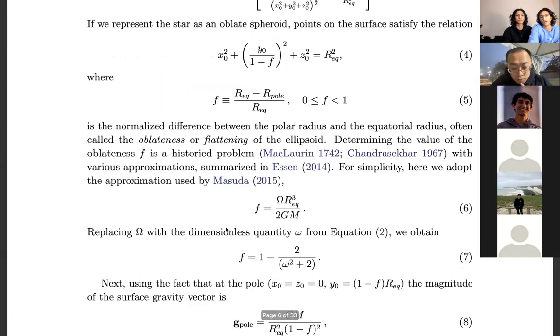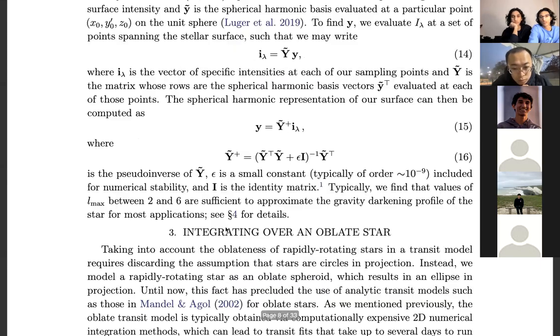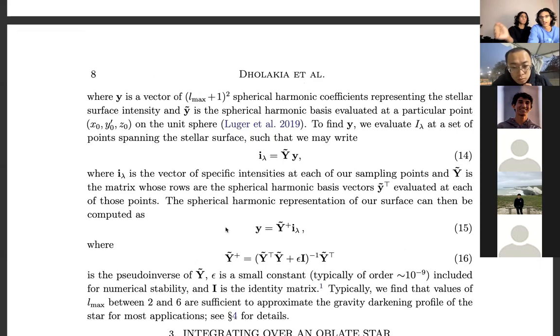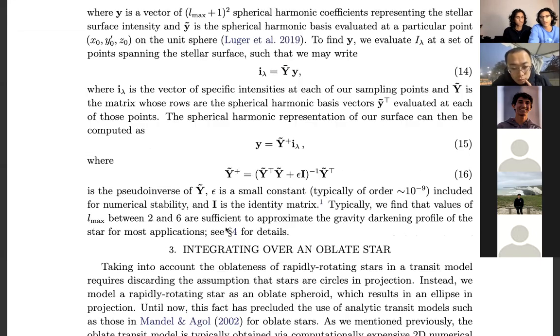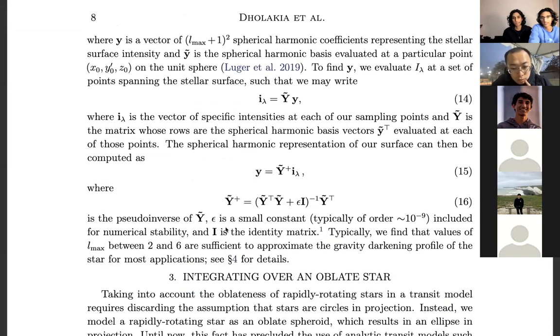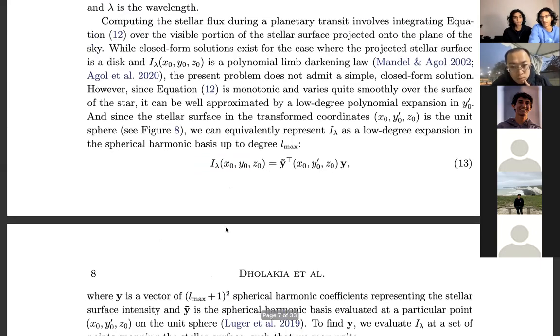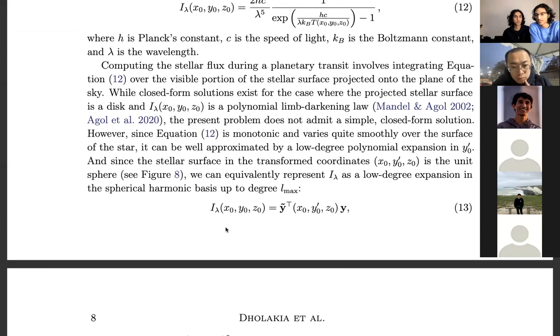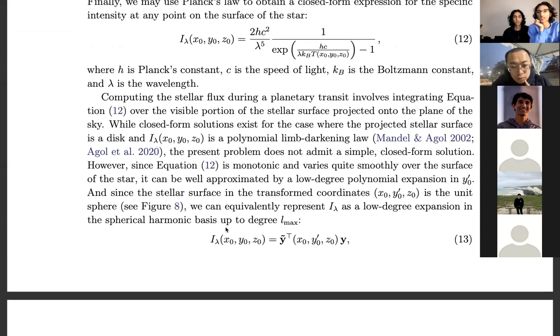So in our paper, we use spherical harmonics to represent the surface of the star. And it turns out spherical harmonics are a really neat way to represent stellar surfaces, because there's a really nice way of being able to analytically integrate over the surface if you represent or approximate them as a low degree expansion in spherical harmonics.